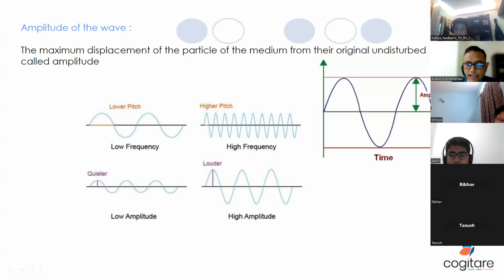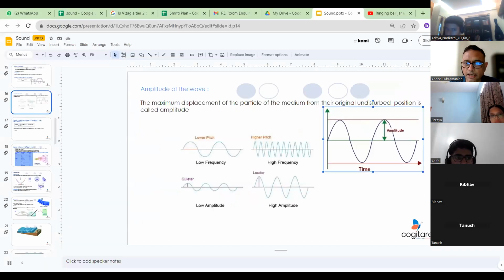Yes, sir. Can you make a note of this particular graph? Draw a big graph in between, that wave in between. One by one, I will be telling you the various characteristics. I want you to make a note. So first draw this graph and then let's discuss one by one.